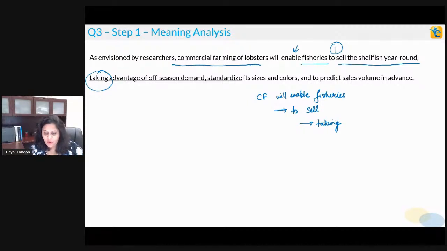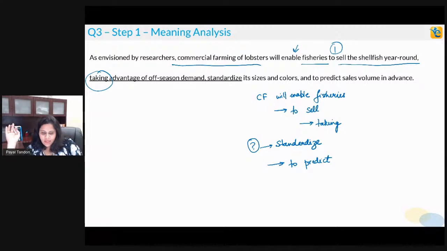Taking advantage of off-season demand, standardize its sizes. Now you're not quite sure about what the role of standardize is. Its sizes, and to predict the sales volume in advance.